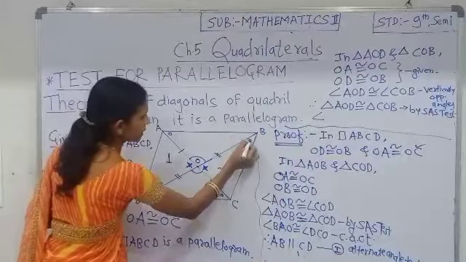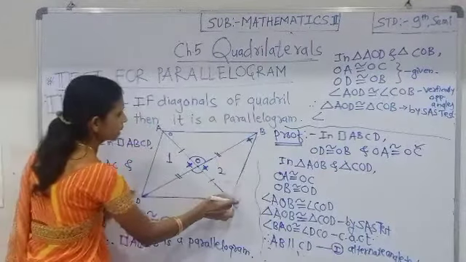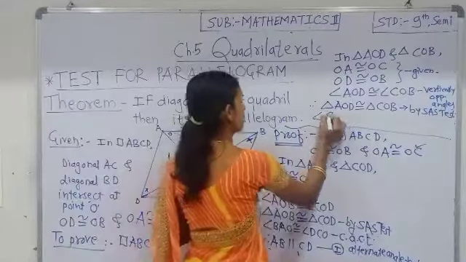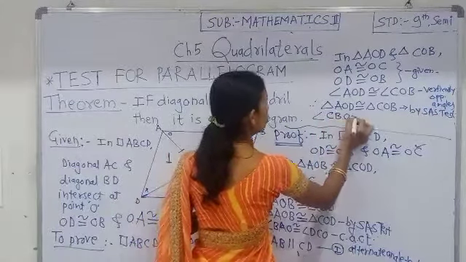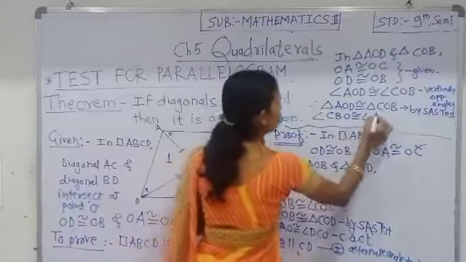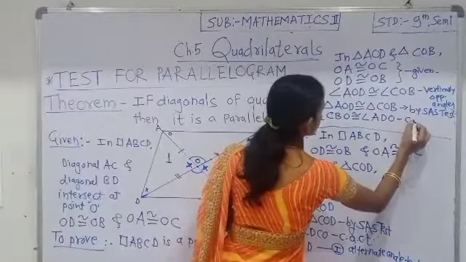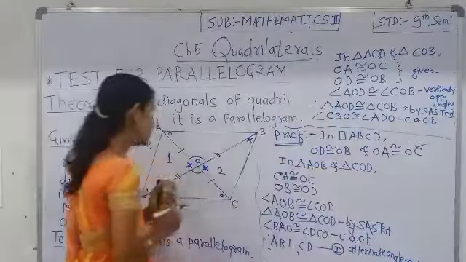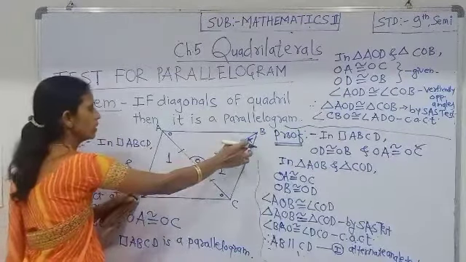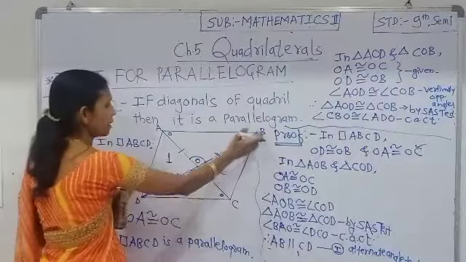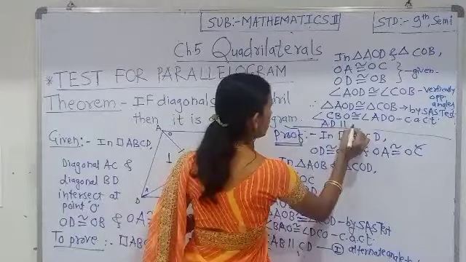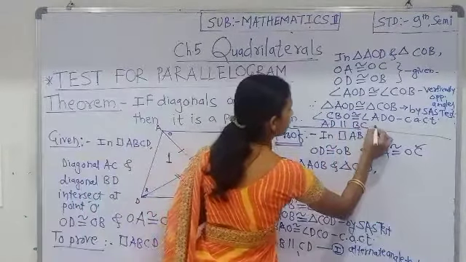Therefore angle CBO and angle ADO are congruent, as corresponding angles of congruent triangles. These are also alternate angles, and therefore AD is parallel to BC.